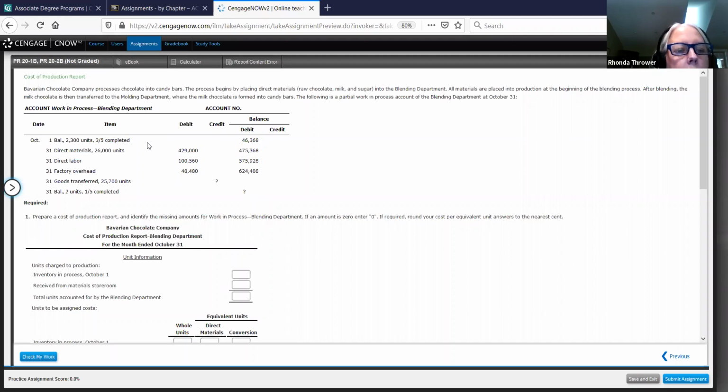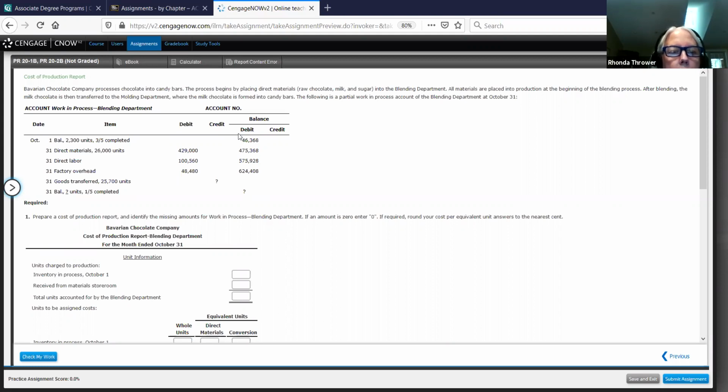We have not completed these units from last month. We're finishing them this month, and we have to finish them with conversion cost because all the materials have been added last month.